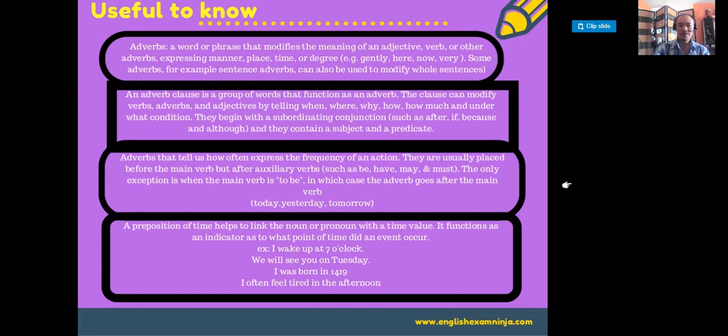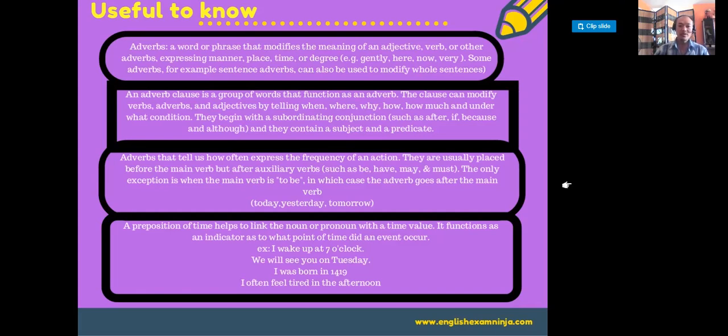So some adverbs, for example, sentence adverbs, can also be used to modify the whole sentence. So it's not just words. It could be adverbial phrases or adverbial clauses. Okay, an adverb clause is a group of words that function as an adverb. So the clause can modify verbs, adverbs, and adjectives by telling when, where, why, how much, and under what condition.